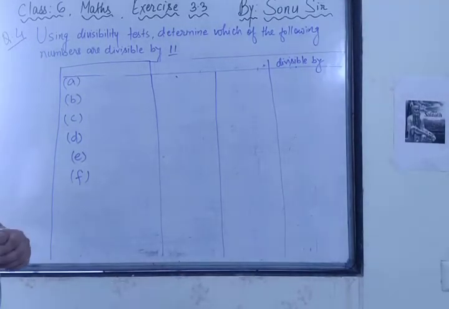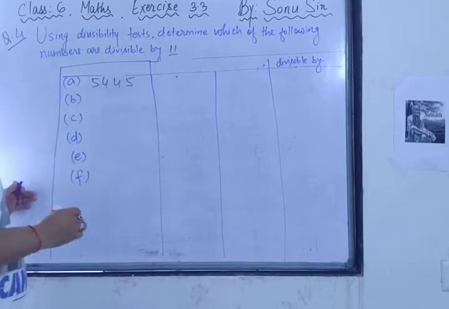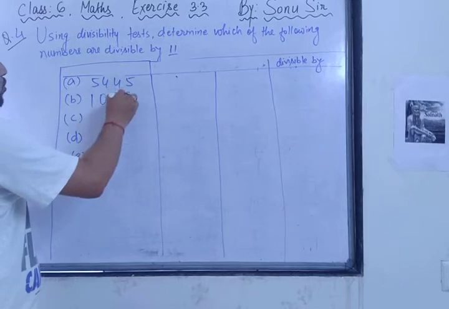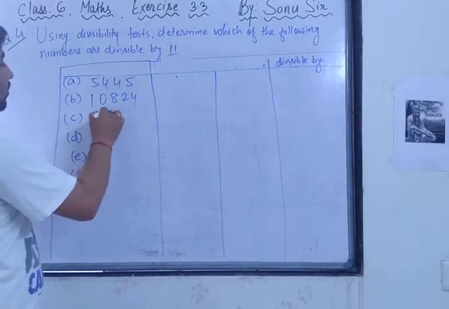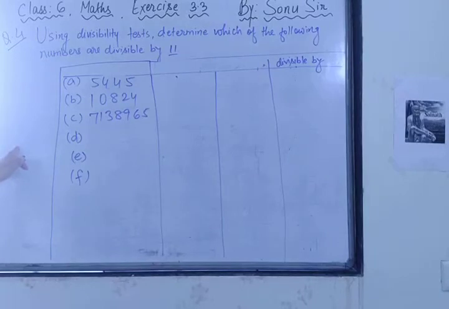So here the numbers are 5, 4, 4, 5. The second number is 10824. The third number is 7138965. Right? Right.